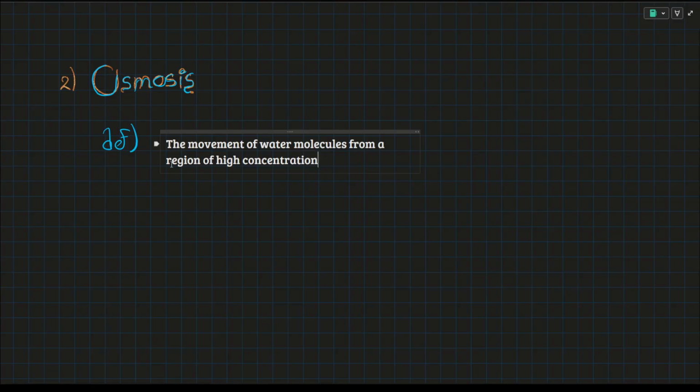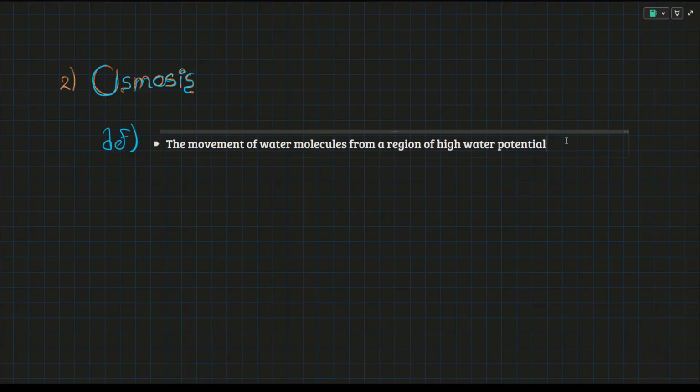Yes, strictly or unstrictly speaking, you can, but we don't usually talk about concentration when it comes to water. We say water potential. With solutes, we talk about concentration, and that's perfectly understandable. But when it comes to water specifically, we say water potential.